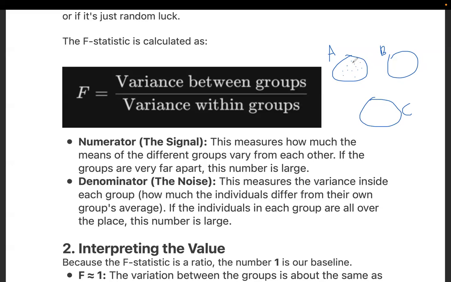If the variance within each group is smaller, it means they're pretty much similar. The differences are coming from things like soil, or maybe the amount of sunlight they're getting, since within a group they're getting the same fertilizer.